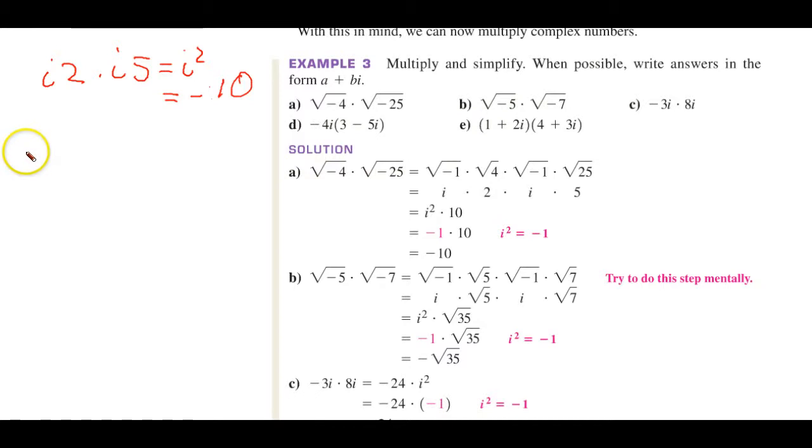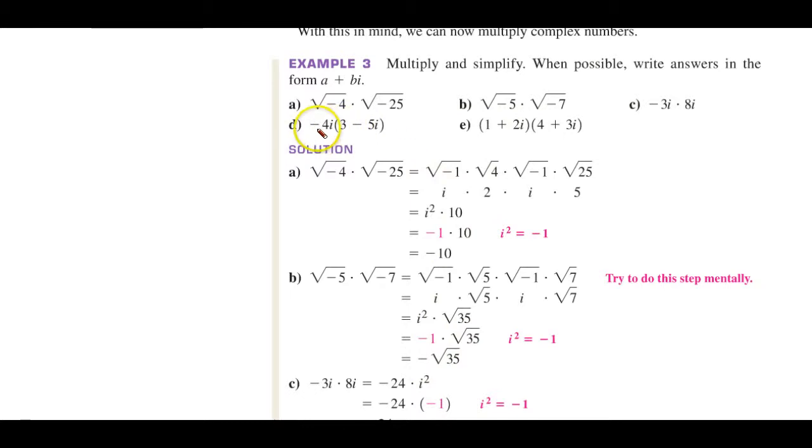Okay, let's go on to the second one here. Again, this is going to be i, the square root of 5, times i, the square root of 7. It's Christmas morning actually today when I'm doing this, and I'm catching up. So that one would have become a negative 35.